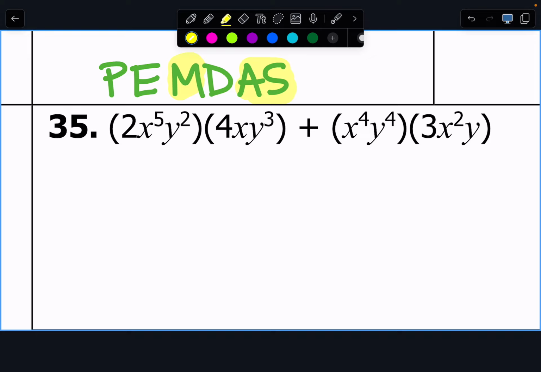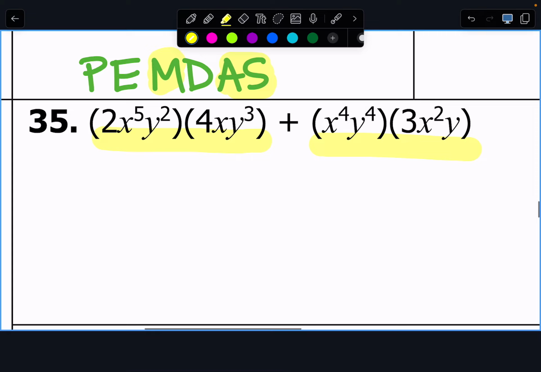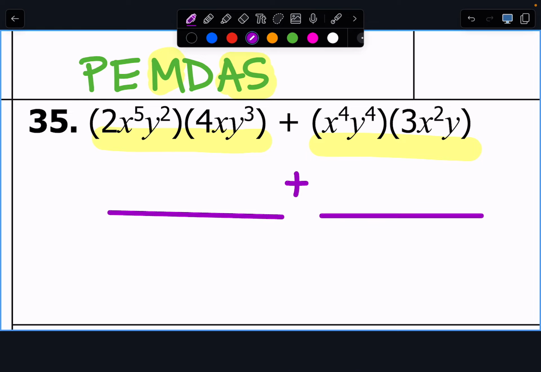So we need to do this multiplication and this multiplication before we can do the addition. Okay? So will you do that multiplication for me? Just do these two multiplications.